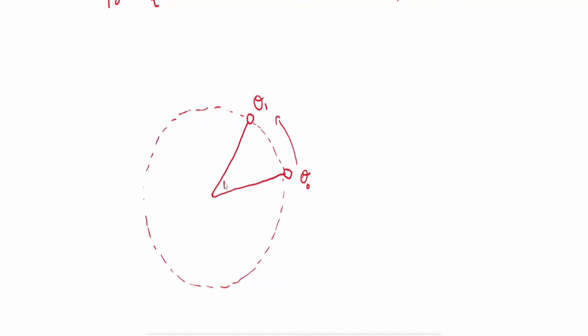If you want to know the change in theta, it is that distance, and that change in theta is known as the angular displacement. It is measured in radians.